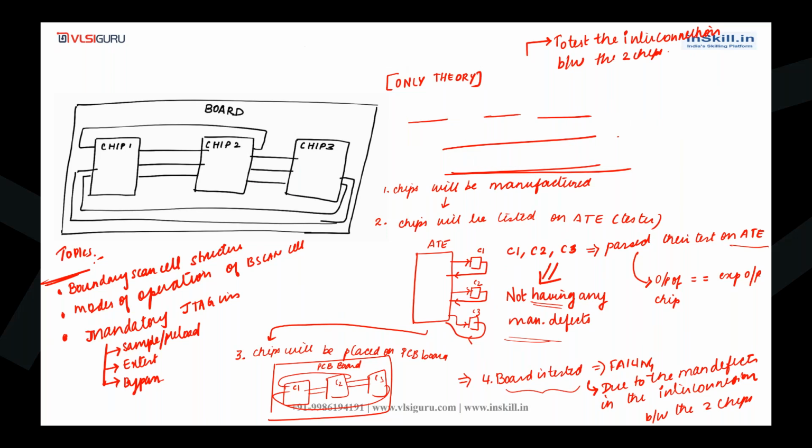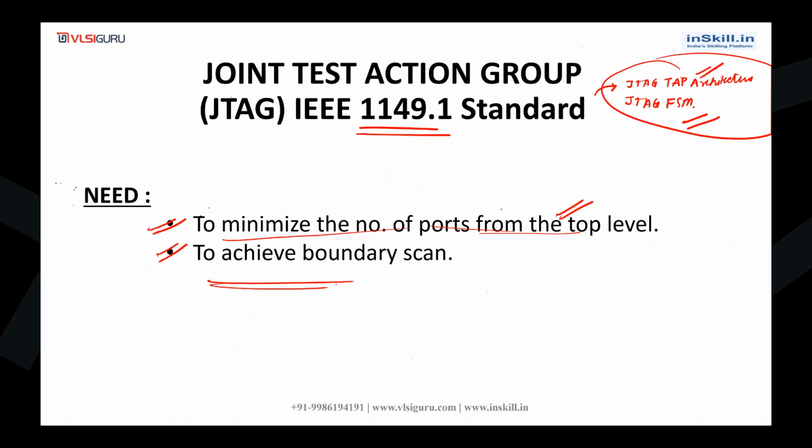And apart from this, we will also be covering the IEEE 1687 standard, which is nothing but IJTAG. Okay, we'll try to understand what is the architecture, and then we will try to understand the comparison between JTAG and IJTAG.